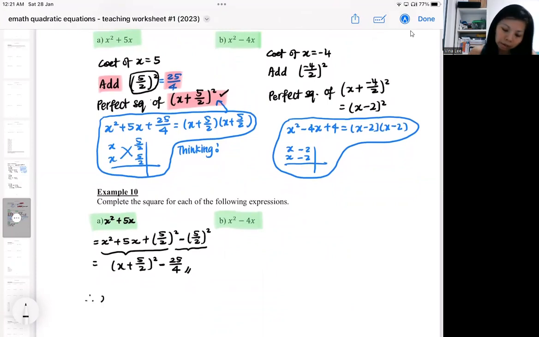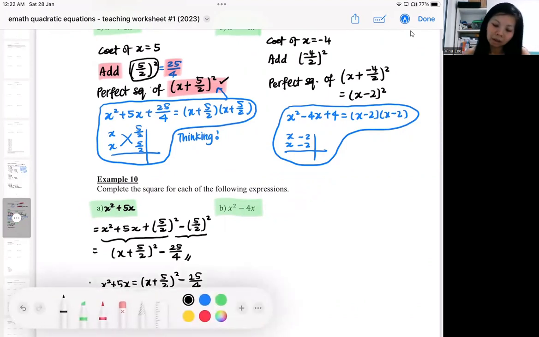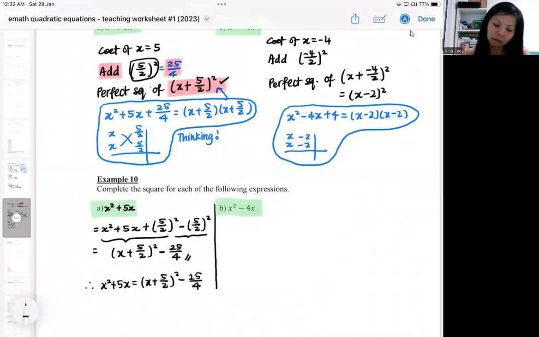So this can be expressed as this. If you expand out this part, you are getting the same answer. So you introduce something to create a perfect square, but you cannot introduce something and explode the value of the expression. That's why you have to minus off that item that you added in.